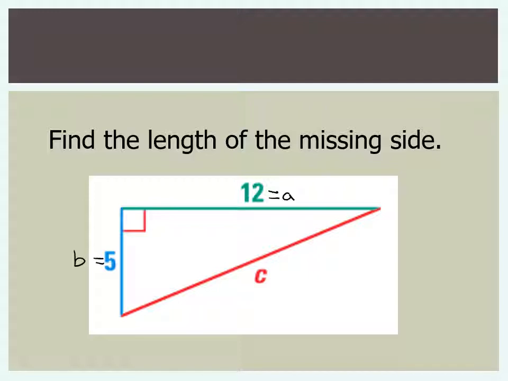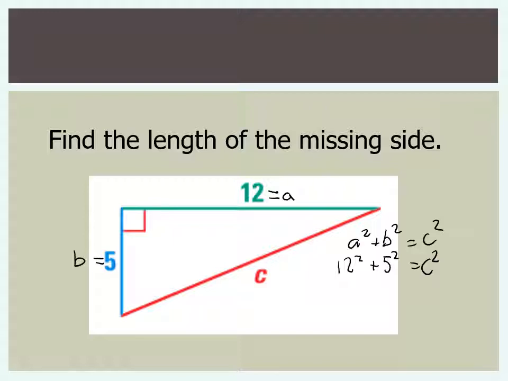We need to use the Pythagorean theorem, A squared plus B squared equals C squared, to find the missing side. C is unknown, so we need to leave that in terms of C. Now, A was 12, so 12 squared plus 5 squared has to equal C squared.